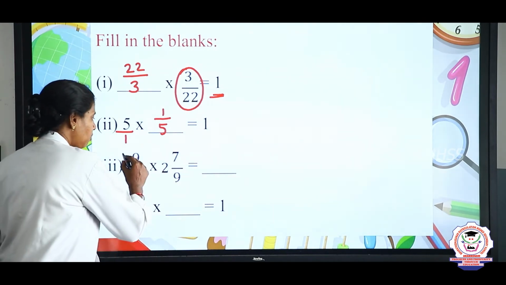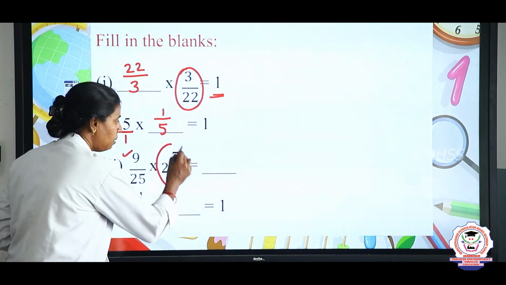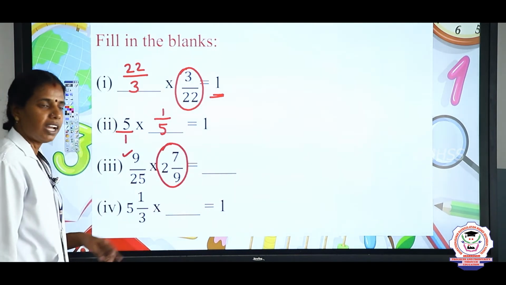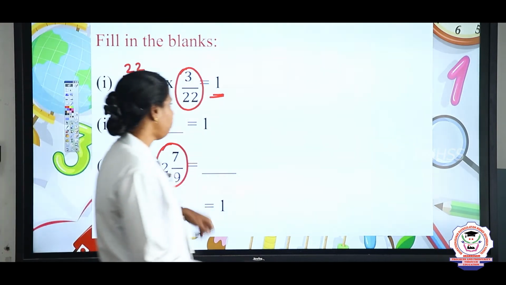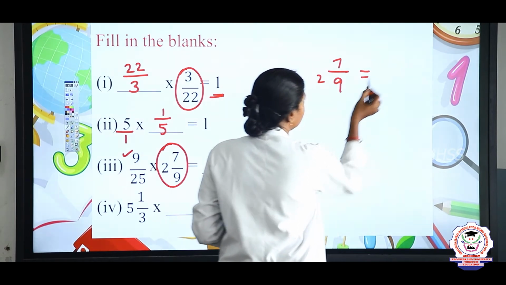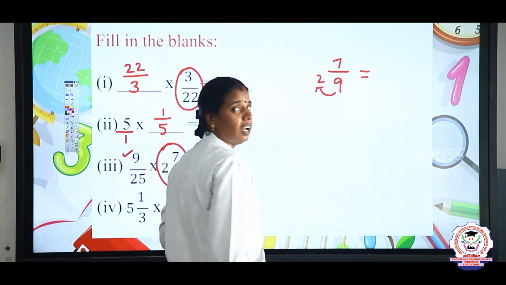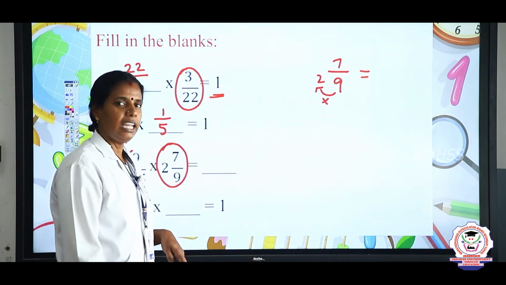See, 9 by 25 is a proper fraction, but here 2 7 by 9 is a mixed fraction. Just convert this mixed fraction into improper now. I told you to multiply this 2 first. So first multiply this, 9 2s are 18. Very good.